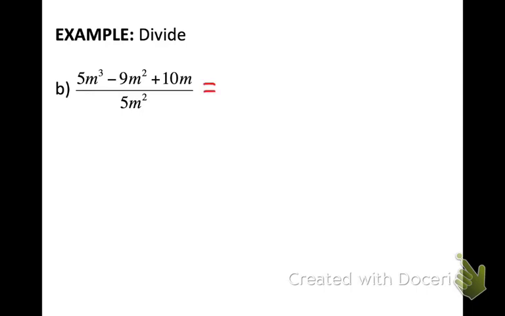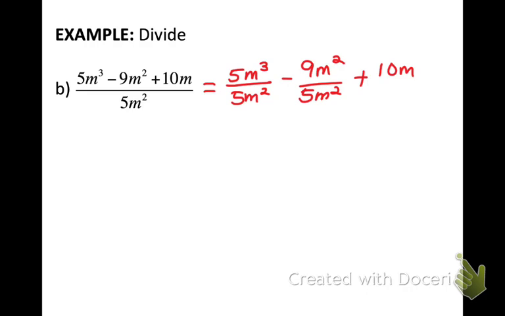Again, I'm going to break it apart just for our notes. You don't necessarily need to do that. So 5m to the third over 5m squared, minus 9m squared over 5m squared, plus 10m over 5m squared.